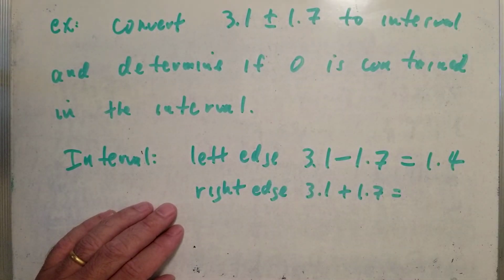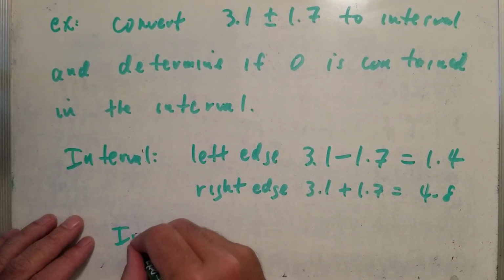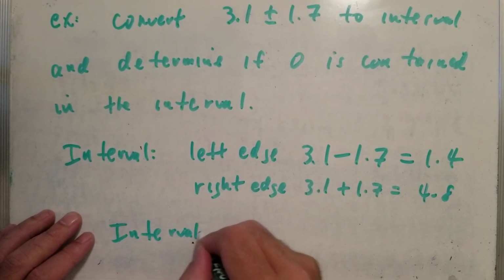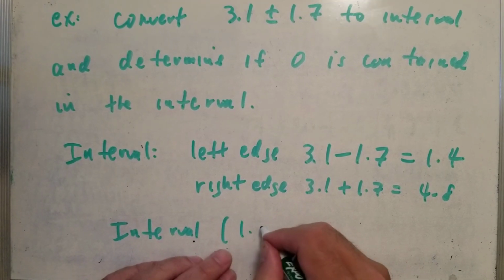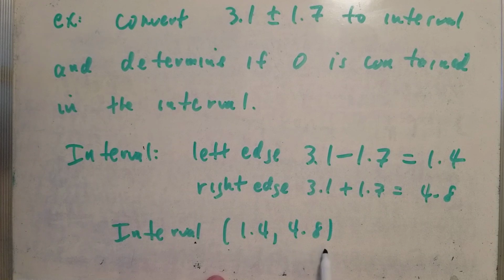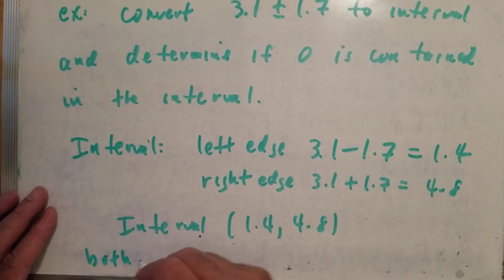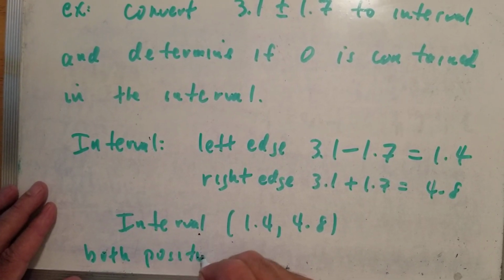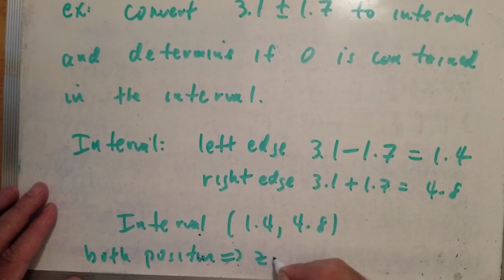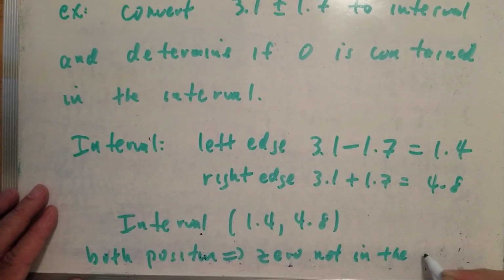That's 4.8. And so the interval is 1.4 to 4.8. Because both of these numbers are positive, 0 is not contained in the interval. Both positive, 0 not in the interval.